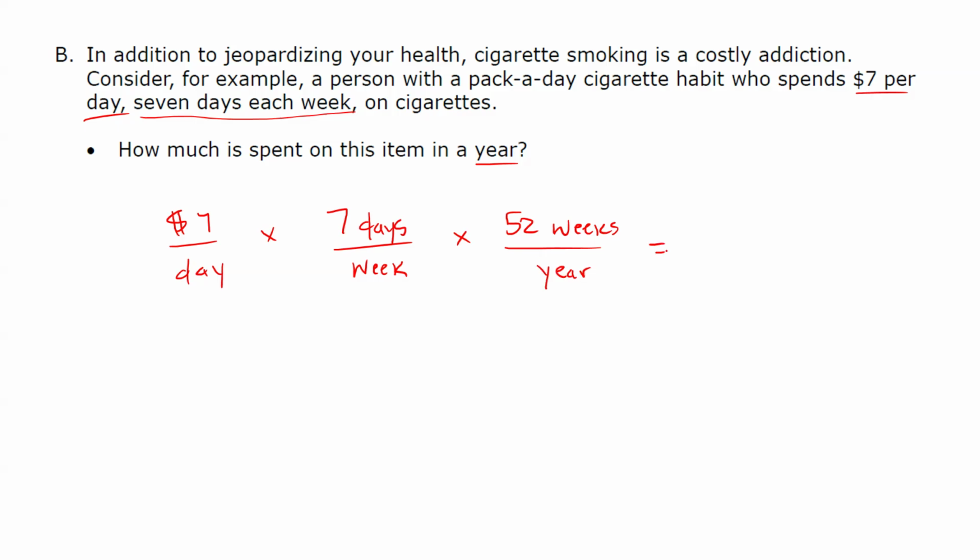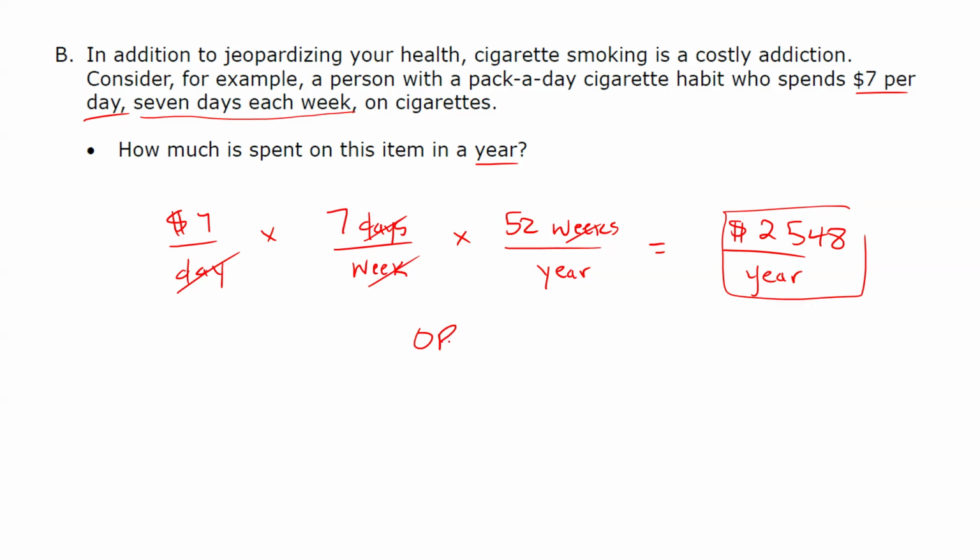Now we're able to simplify by canceling out our units. Weeks divided by weeks is 1, days divided by days is 1, which would give us the amount per year, which is exactly what we're looking for. So 7 times 7 times 52 is 2,548.